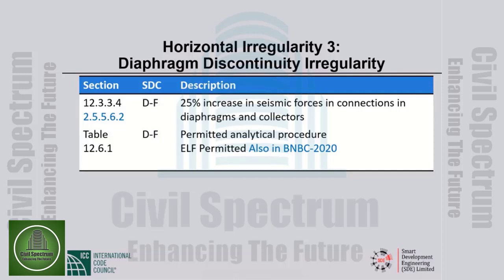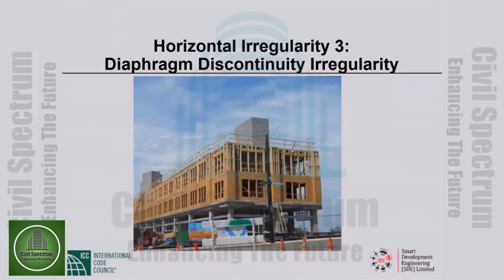Equivalent lateral force is permitted. So it is permitted in ASC 705 as well as in BNBC 2020. BNBC, as you recall, will force you to do dynamic analysis only for vertically irregular structures, not for horizontally irregular.